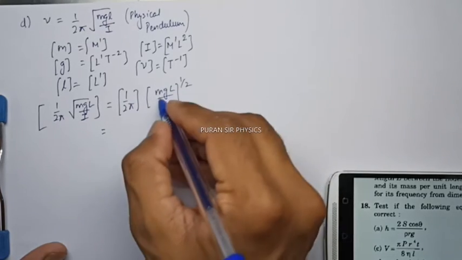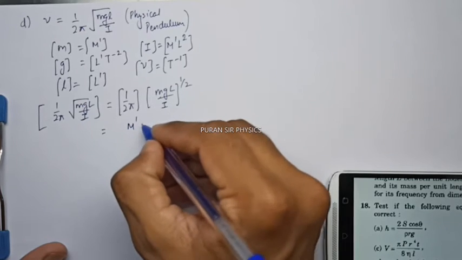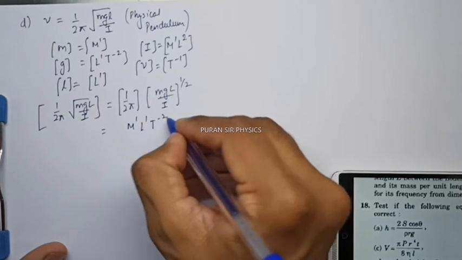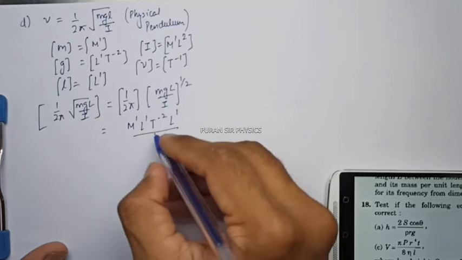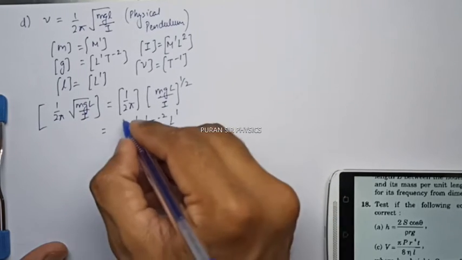So here m is mass, g is l raised to power 1, t raised to power minus 2, and this is l raised to power 1, and I is m raised to power 1, l raised to power 2.